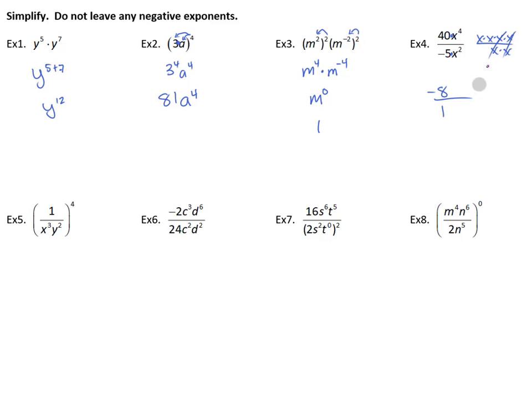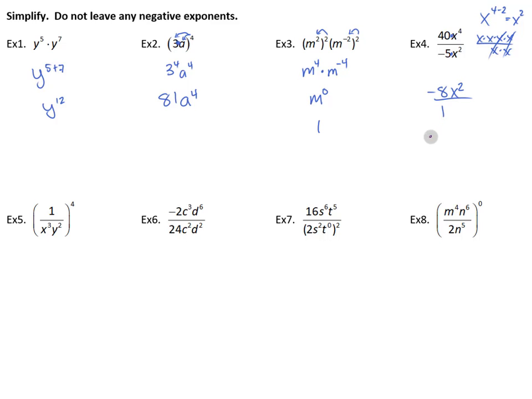Okay, and then we're canceling out 2 sets, which leaves us with x squared up top. Or if you use the subtraction property, that would be 4 minus 2, which equals 2. Okay, if you use the subtraction property, though, the result you get always starts in the top of the fraction. So if it results in a negative value, you're eventually still going to have to move it to the bottom.